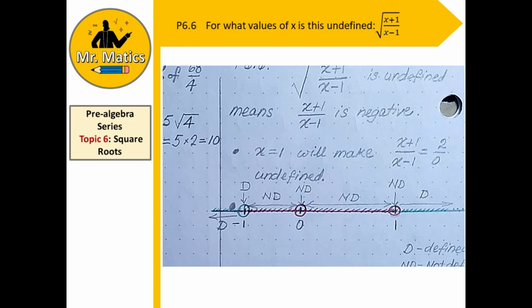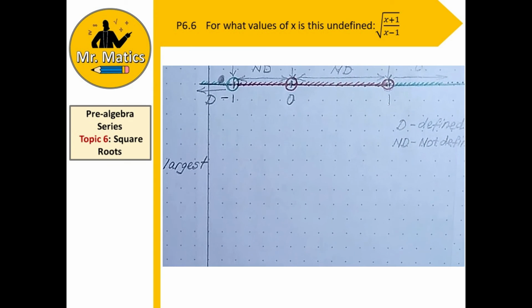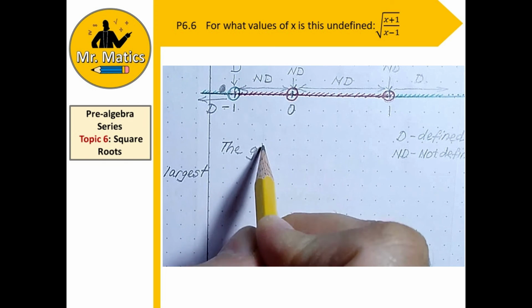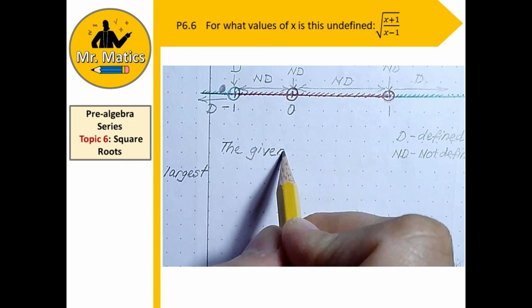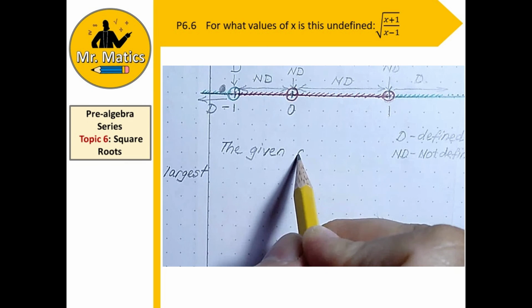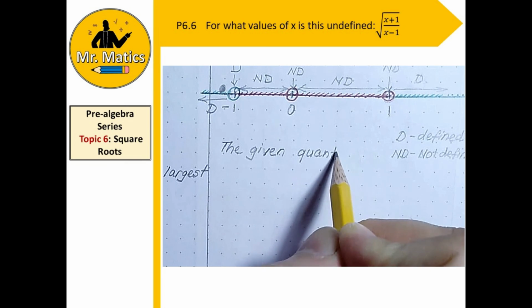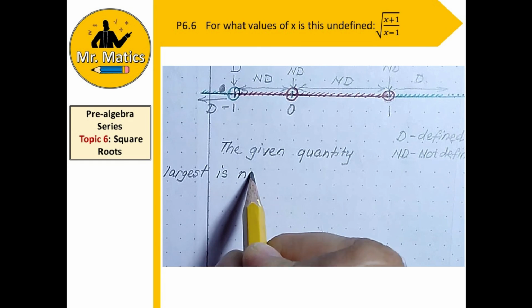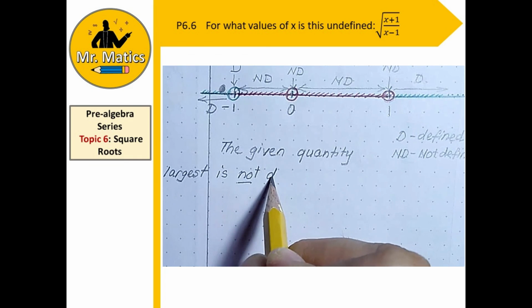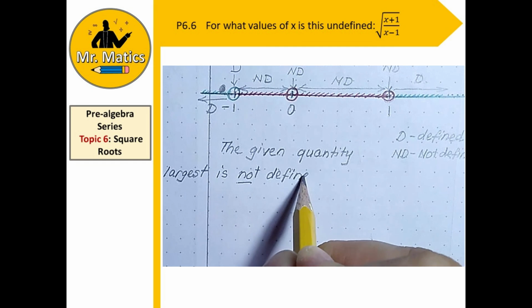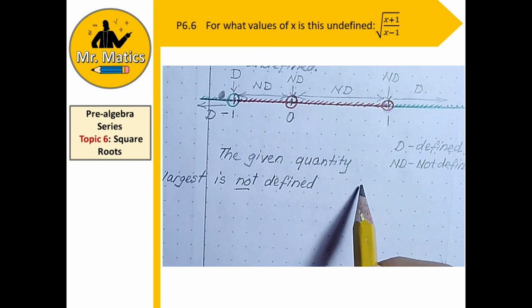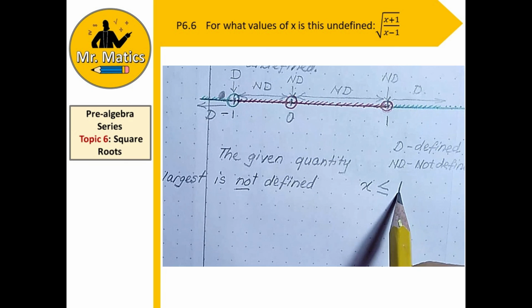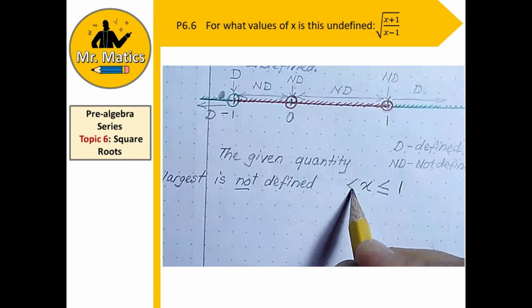So we can see that by analysis like we did, the given quantity is not defined for x less than or equal to 1 but greater than -1.